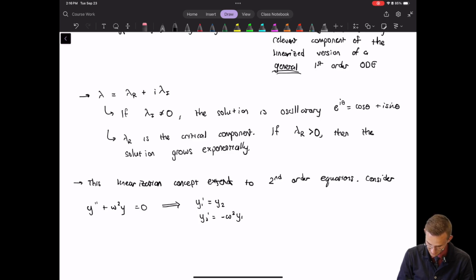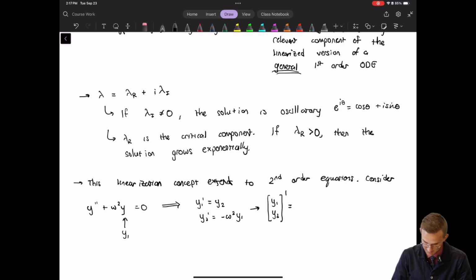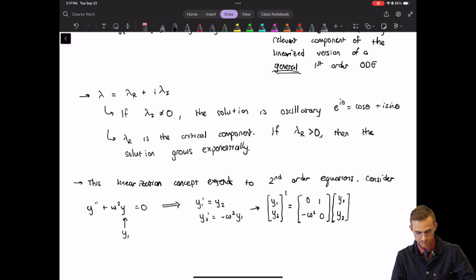Okay, so we basically just took this y and replaced it with y1, and then defined y2 as y1 prime. What that looks like in matrix form is that you have (y1, y2) prime is equal to this matrix, which is 0, 1, minus omega squared, 0, times the dependent variable vector (y1, y2), unprimed. Okay.